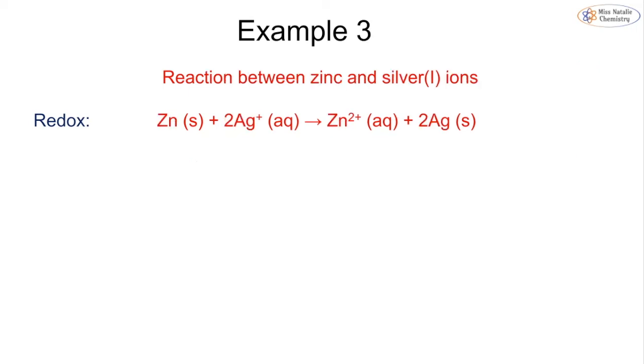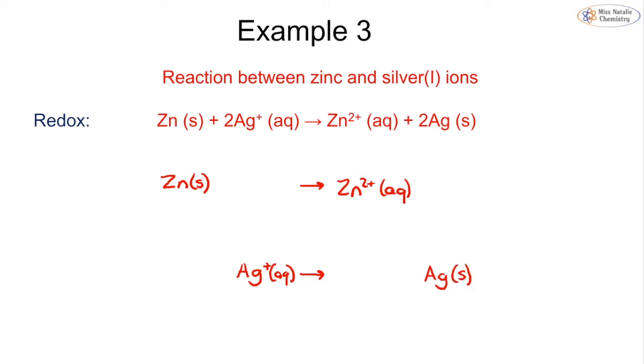One more example using this same type of method, and then we'll look at one that's a little bit more challenging. So we have zinc and silver. So I have zinc atoms becoming zinc ions, and then silver ions becoming silver atoms.